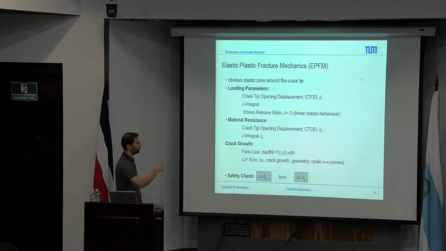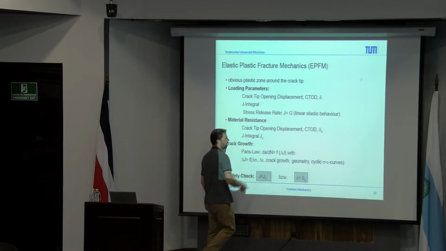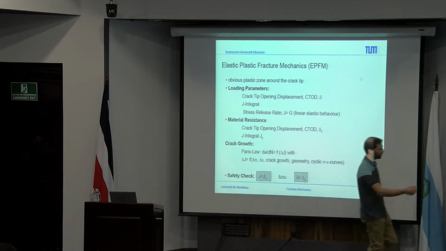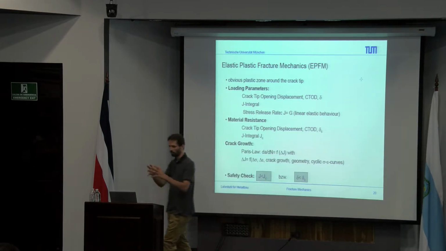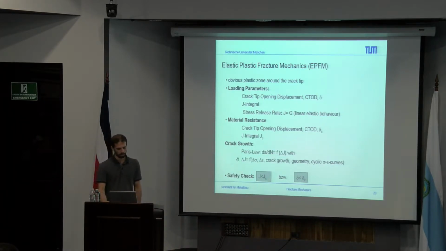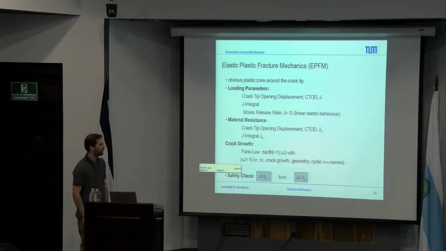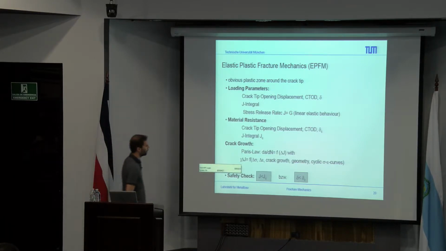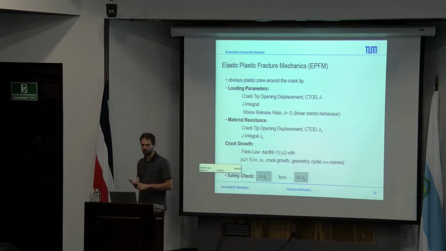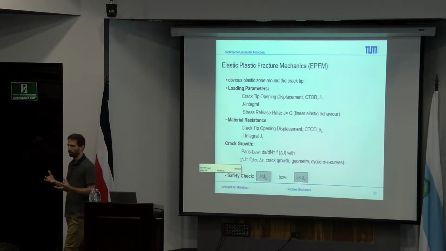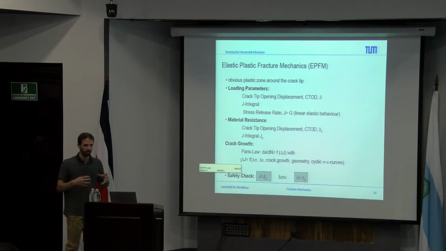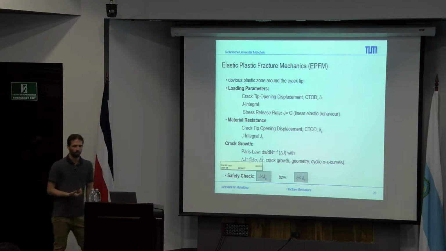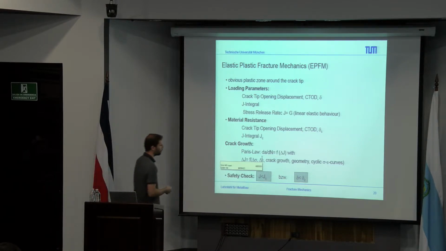So in the Paris law, which we have here, da/dN, and here a function of J. Here we have just a function of delta K. And so due to this, we also define our J sensitivity, delta J, which is at the end some function of delta sigma and delta epsilon, because we have to give some information due to the induced strains, and also about the crack growth, the geometry, and the cyclic sigma-epsilon curves.